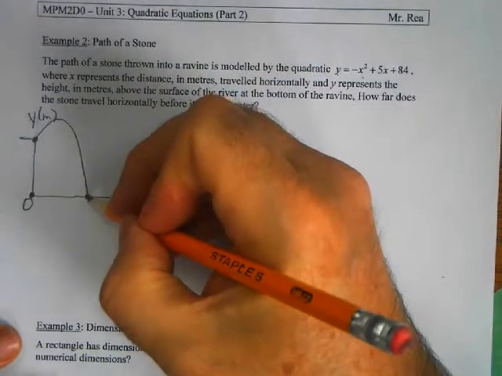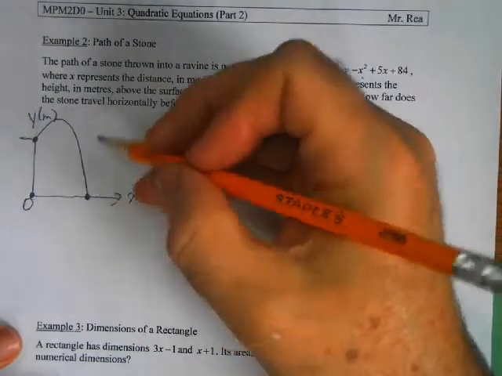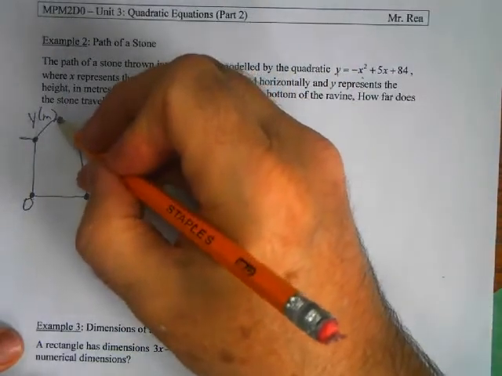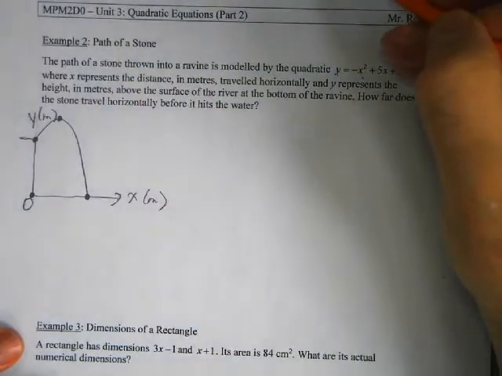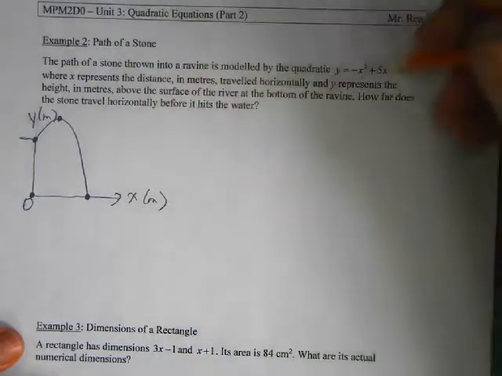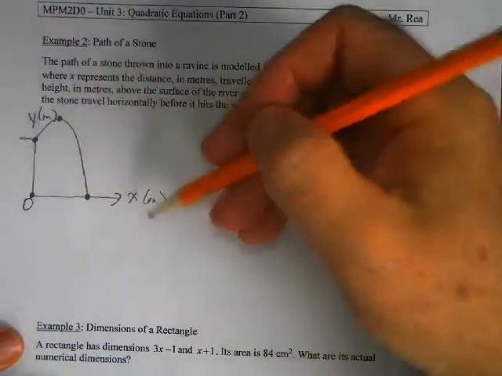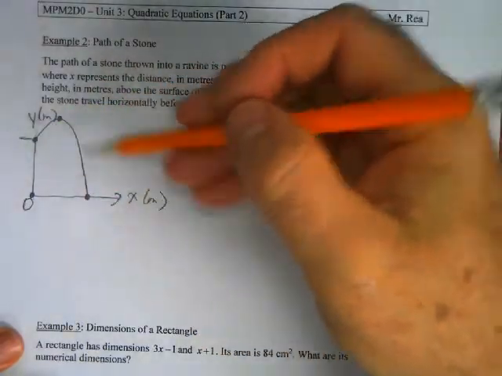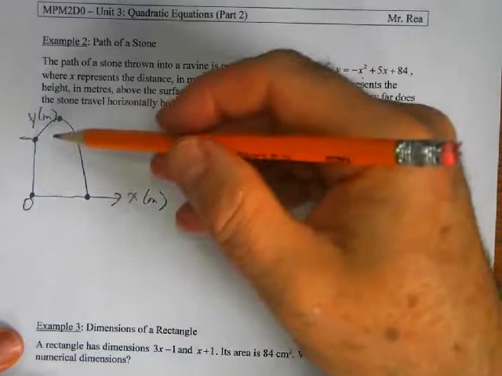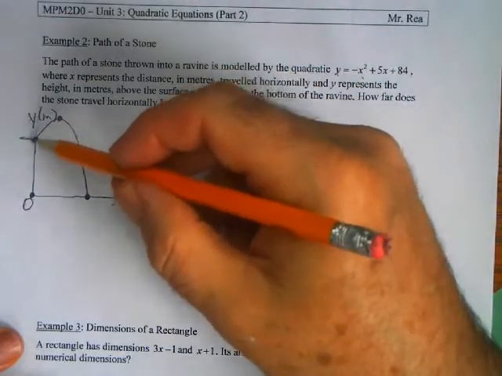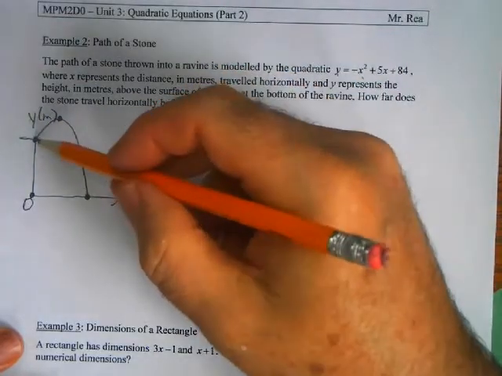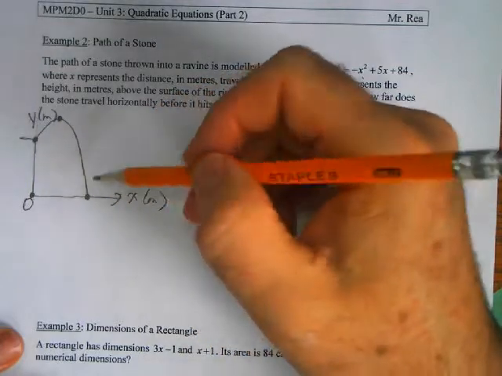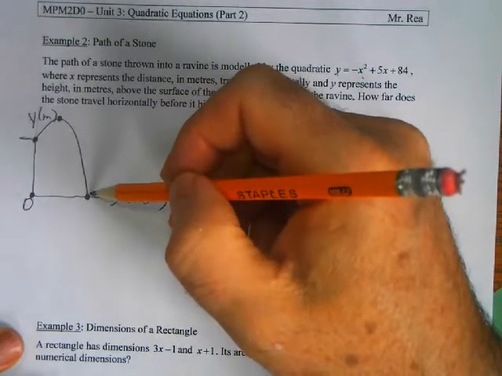This would be the x-intercept, or one of them. And the point where it reaches its maximum, that would be the vertex. So anytime we have word problems, and we're trying to figure out something about a situation, it almost always involves one of these three things: either the y-intercept, the vertex, or the x-intercepts. It could have two.